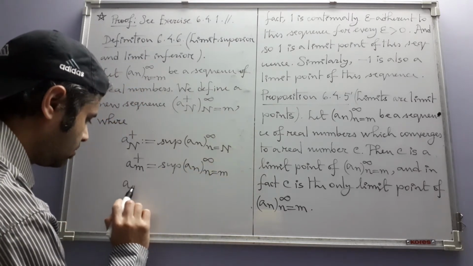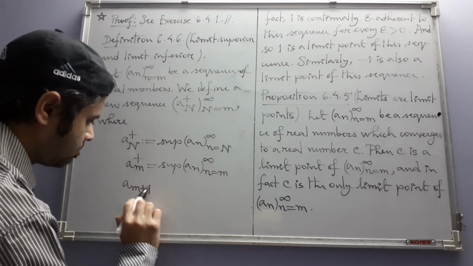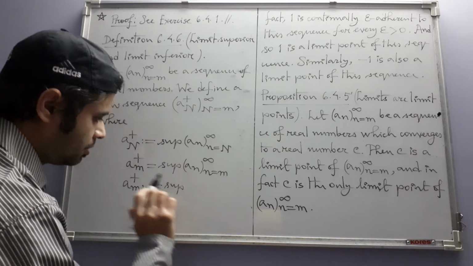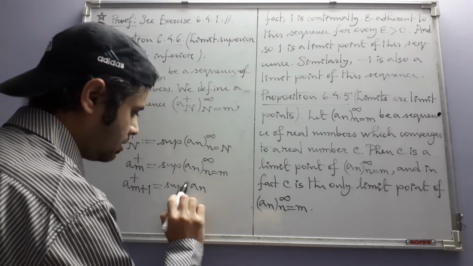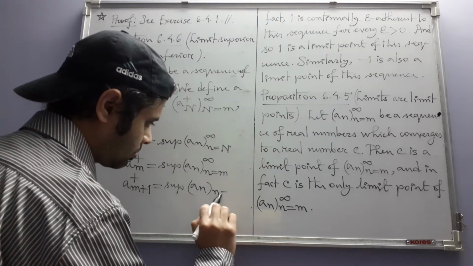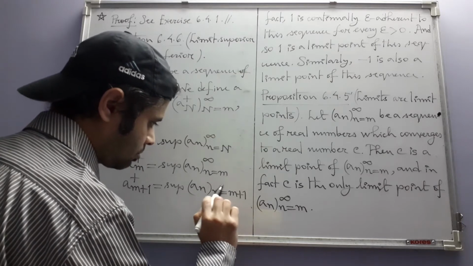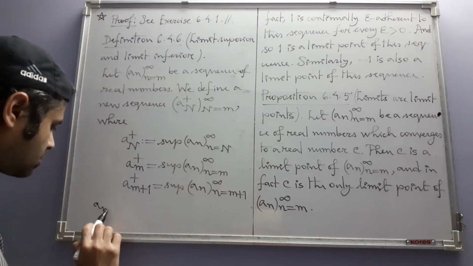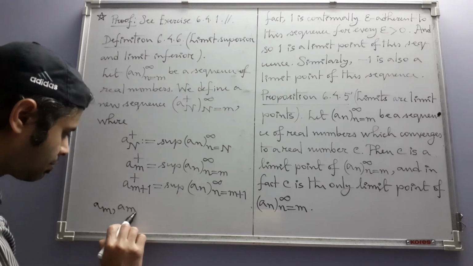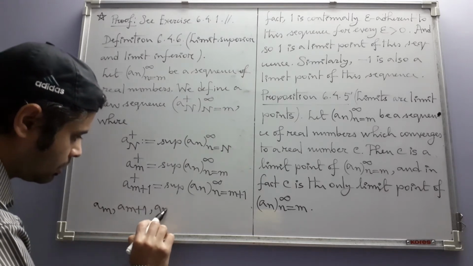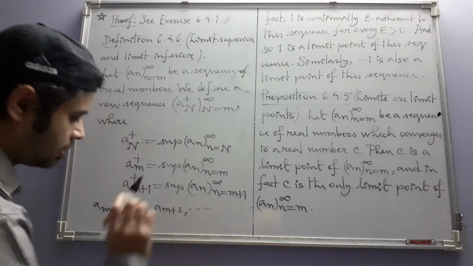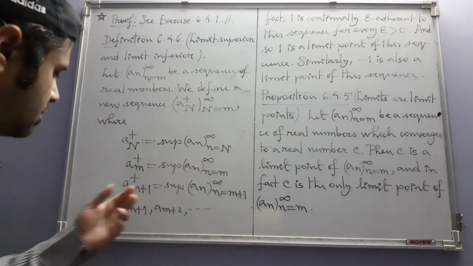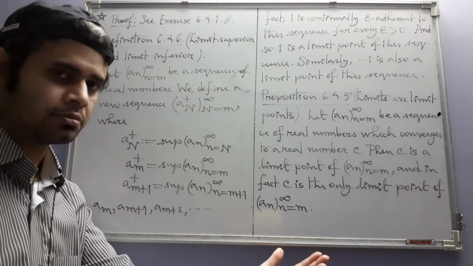Then a_{M+1} plus, by definition, is the supremum of the sequence a_{M+1}, a_{M+2}, etc. That is, the first term of this new sequence is the supremum of the entire sequence.